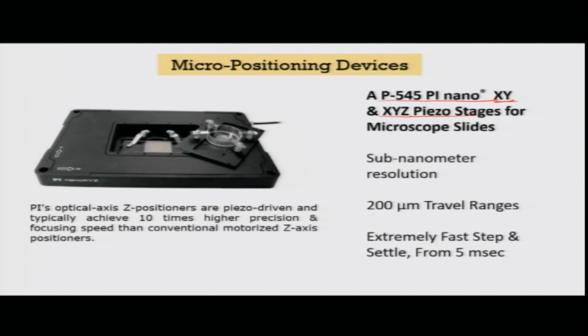This one also has a sub nanometer resolution, very small resolution, so that you can really use it in applications like micro fabrication, microscopes, confocal microscopes, etc. It has about 200 micrometer of travel range. So, not a very high range, but it has sub nanometer resolution and extremely fast step and settle, from 5 millisecond you get this entire thing. So, you can record very fast motions of systems through this device.